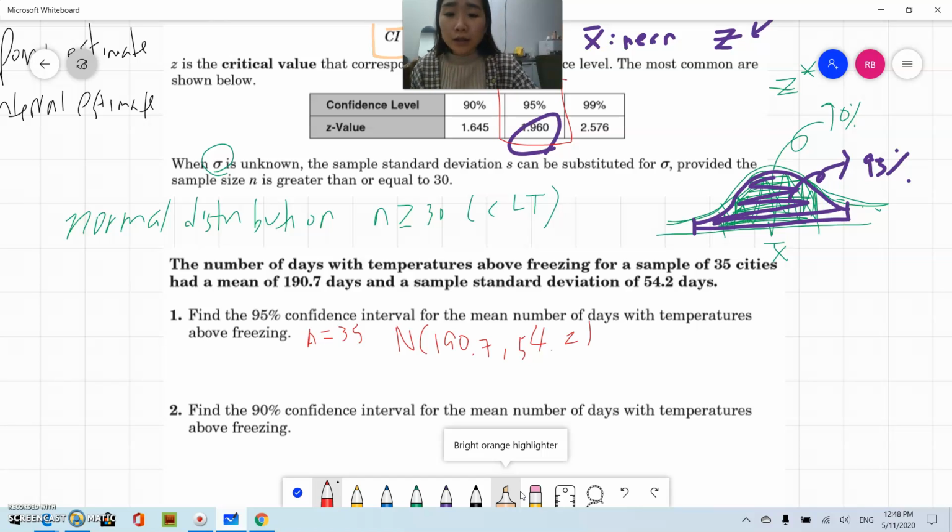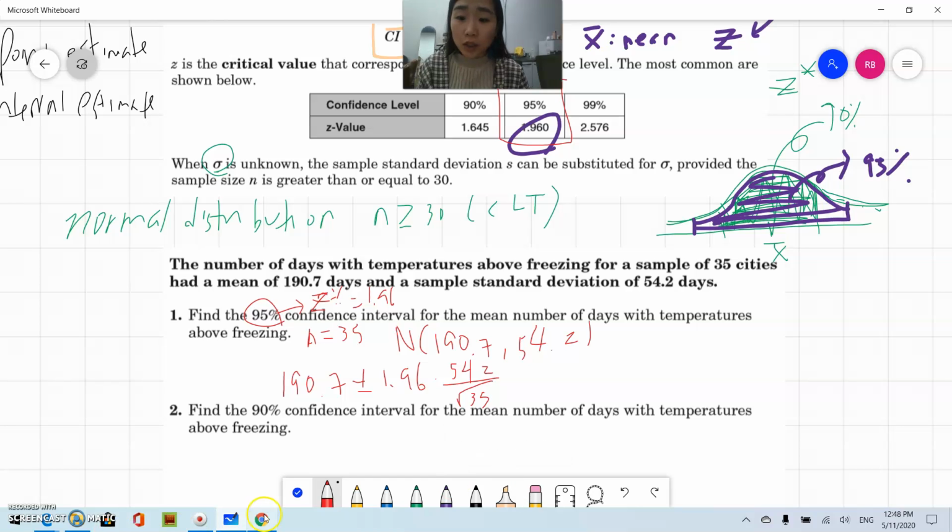The confidence interval is basically the mean plus or minus z star times sigma over square root of n. For 95%, the z star is 1.96, so 1.96 times your standard deviation over square root of n.